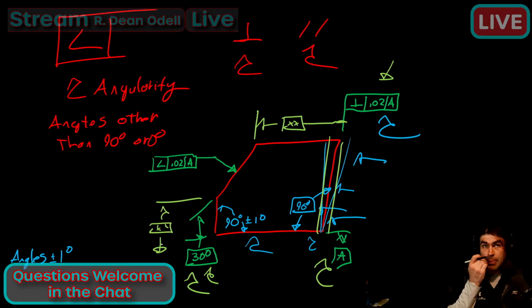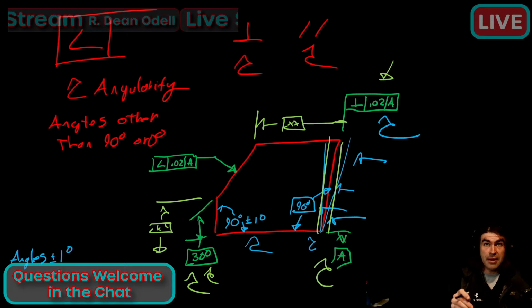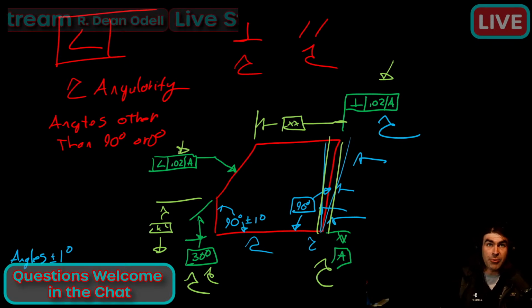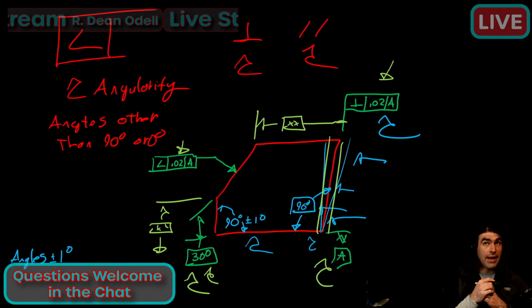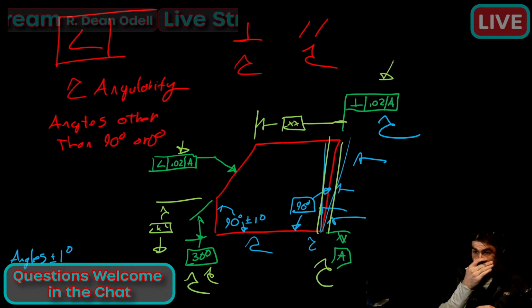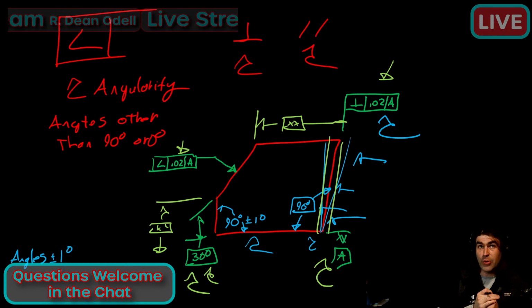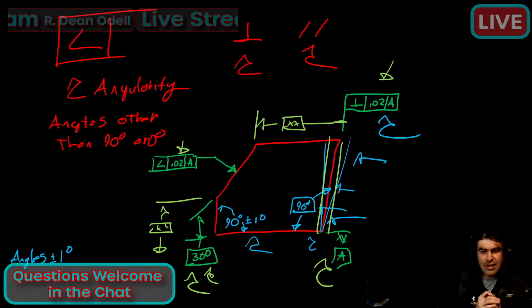It's got to be plus or minus dimensions. If it's basic, then this is an incomplete drawing requirement. What you would really want is profile, which works just fine. But if you're going to use angularity, just keep in mind, you're only controlling the orientation of that surface, not the location in space.